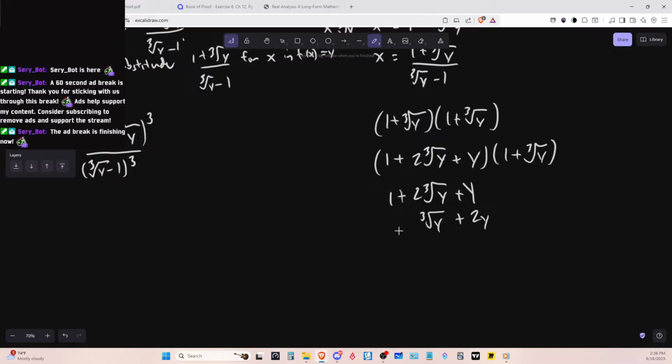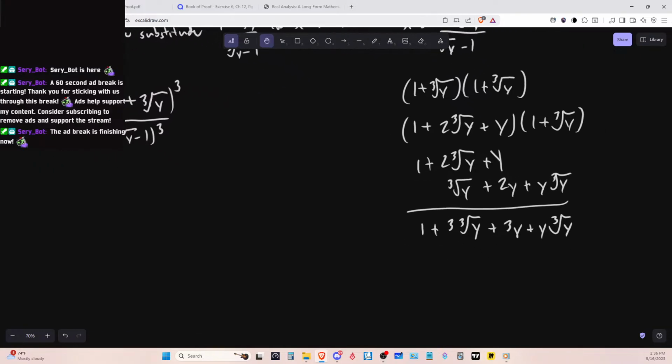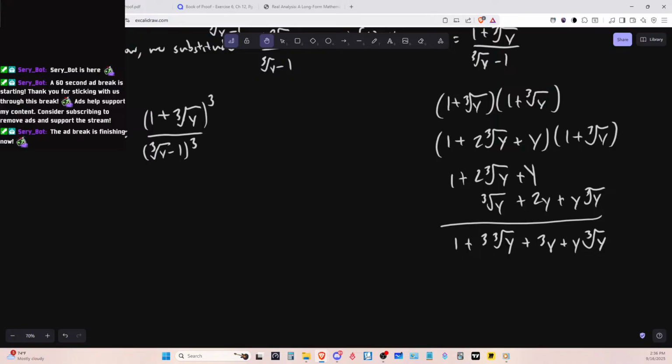Oops, there we go. I was like, why does that look funny? And then plus y to the y cubed. Put that all together. This is 3y cubed, and then 3y plus y to the y cubed. All right. Next. We gotta do y cubed.